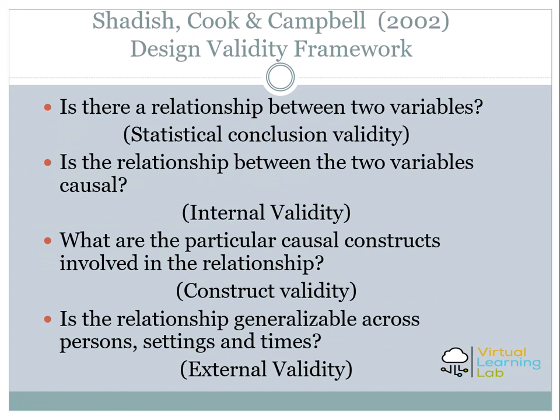The Shadish-Cook-Campbell framework that is clearly described in their 2002 book on quasi-experimental designs provides a way to think about what are the pillars supporting conclusions about causality, and conclusions from educational research in general, and the threats to these conclusions.